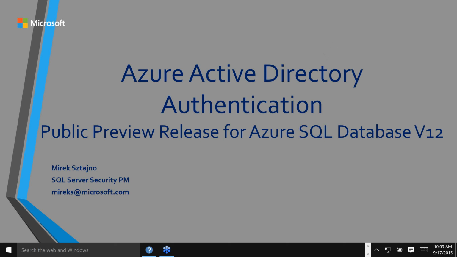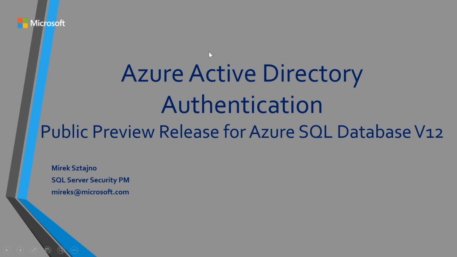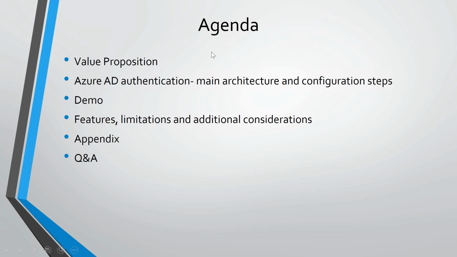So today's topic is the Azure Active Directory Authentication. And the full topic should be Azure Active Directory Authentication for Azure SQL Database V12 version. What we will cover is the general value proposition for this feature, followed by the main architecture and the configuration steps that I needed to set up this type of configuration.